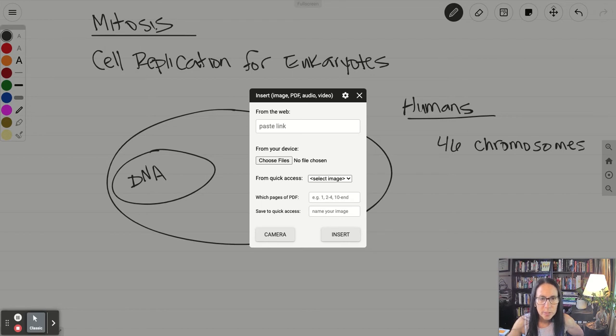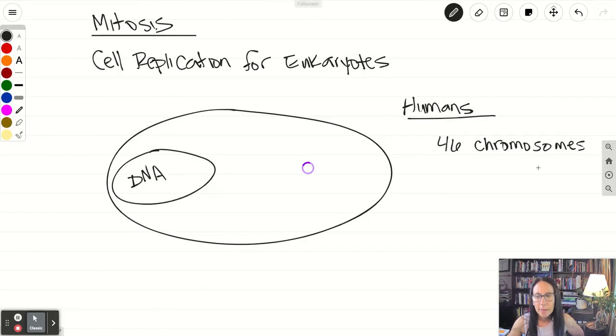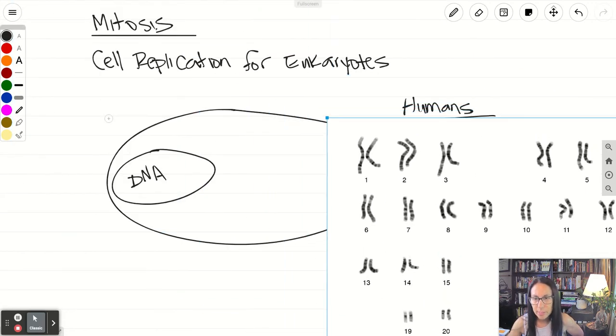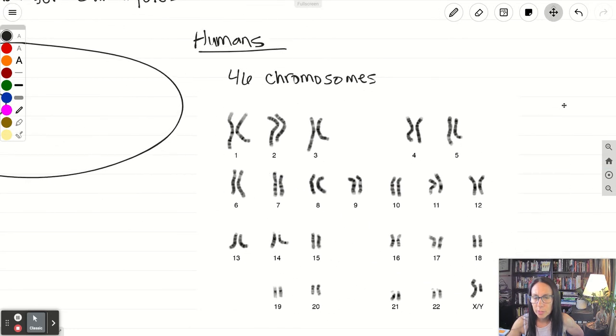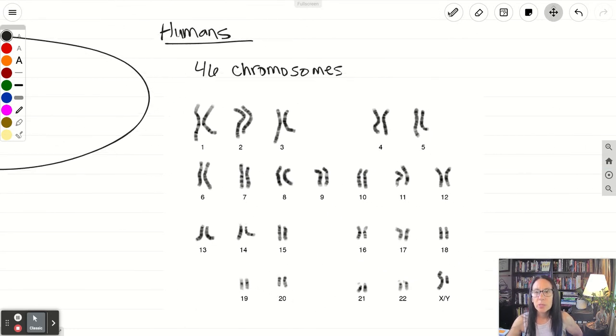So this picture is called a karyotype. Let me find my karyotype here. Here it is. And so what we do as humans is we like to categorize everything. And so let me just scoot over here so we can look at it. So this is called a karyotype.